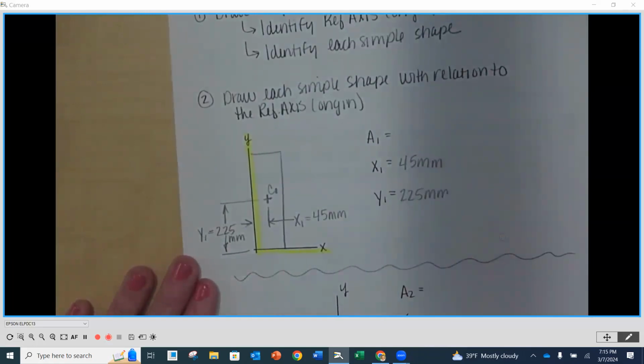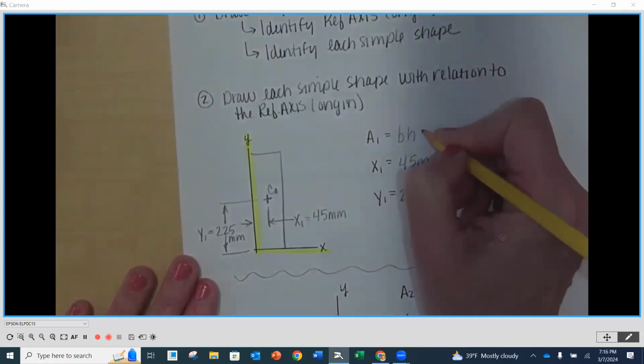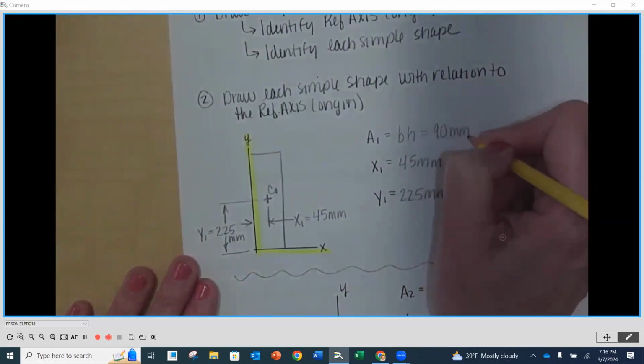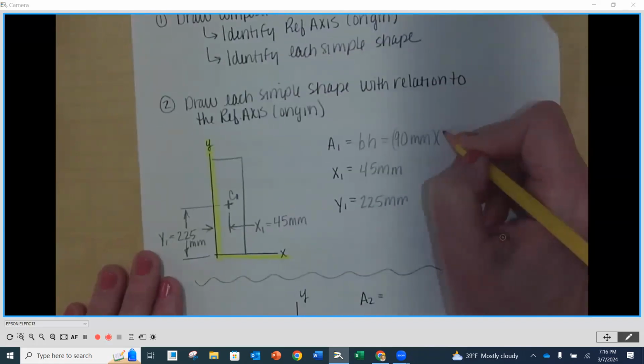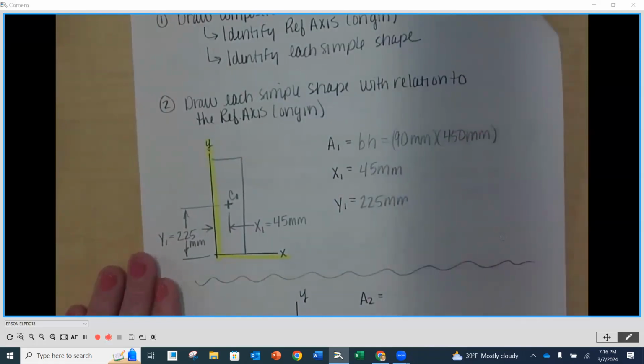And then our area is going to be base times height. And we know that that's going to be 90 millimeters times 450 millimeters. Now they use scientific notation, or powers of 10.